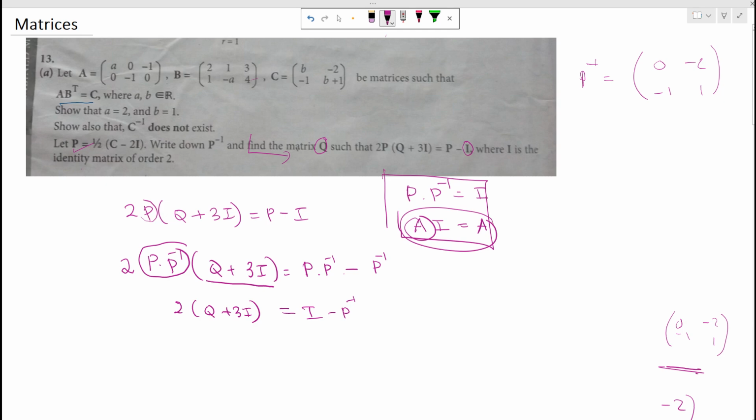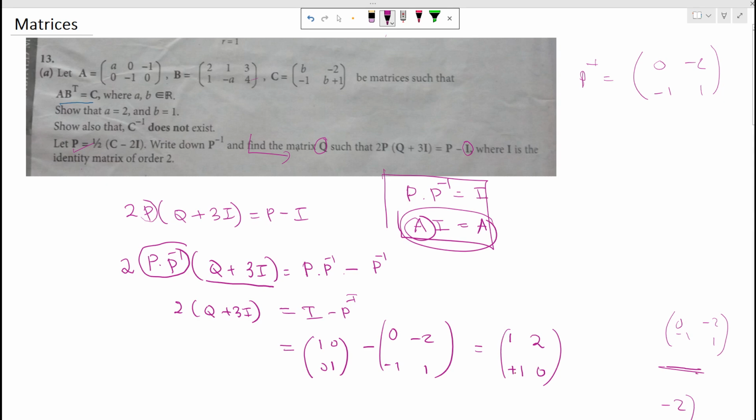We know that I minus P inverse we have already found out, so we can just substitute: 1 1, 0 0, minus 0 -2, -1 1, which will be equal to 1 2, 1 0.